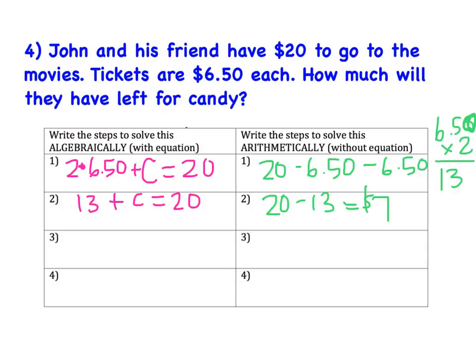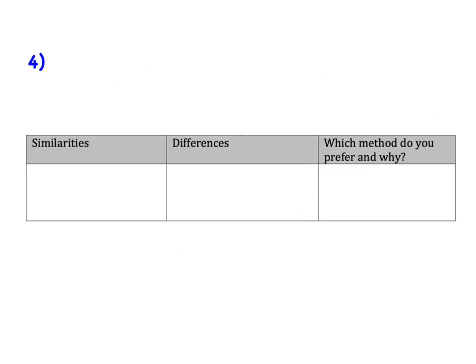And then I'm going to subtract 13 from both sides to get C equals 7. So we can see similarities and differences in both solution methods. Go ahead and fill in the similarities, differences, and your preferred method boxes for this problem.